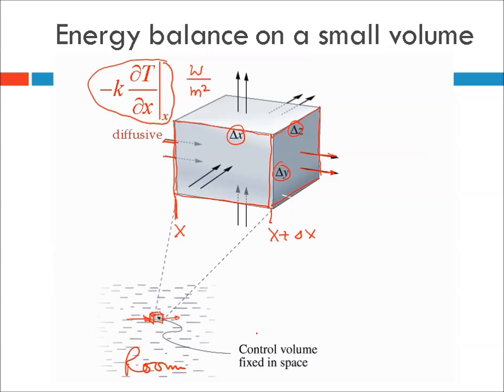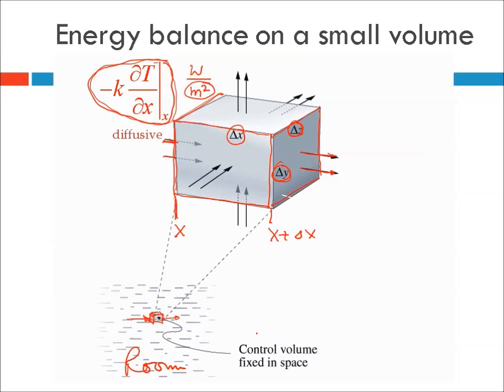So this is how many watts are entering this face, whose area is of course delta y times delta z here, and this is the amount of energy that's entering per unit area, not over the entire area but per unit area.